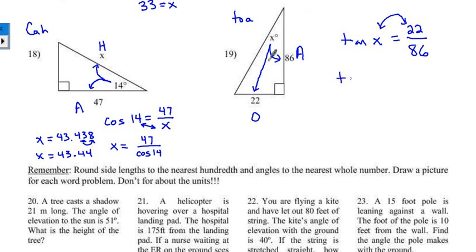So that's going to be tan inverse of 22 over 86 equals x. And again, the way you type this one on your calculators is going to be 22, fraction button, 86. And then you hit the second and, in this case, tangent. When you do that, that's going to give you 14.3 equals x. Remember, we're rounding to the nearest whole number, and I'm looking at the number behind it, so that would round to 14.